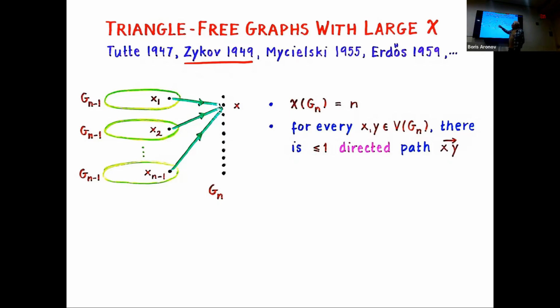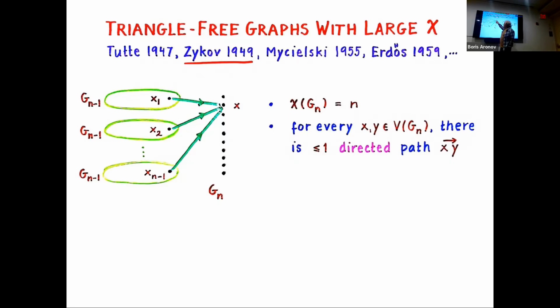And although I orient all of the edges from left to right just for fun, they have no relevance for the chromatic number of the graph, but let me orient them from left to right. And then we get a directed graph, and this directed graph has the property that between any two vertices, like this vertex and this vertex, there is only one directed path connecting them.